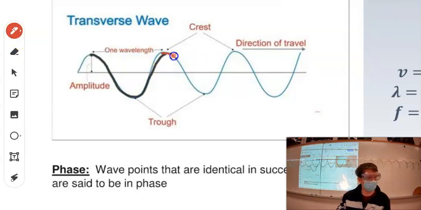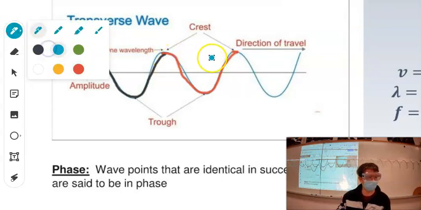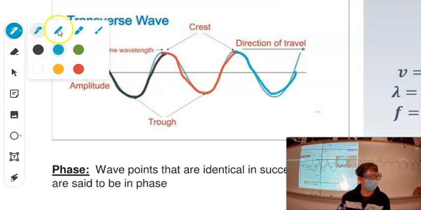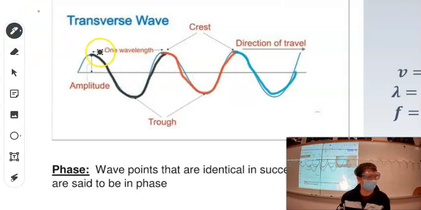And we go down and back up, and then we repeat again, down and back up, and so on. Now that horizontal distance, right, from one point to the next point where we repeat, that distance we call a wavelength.